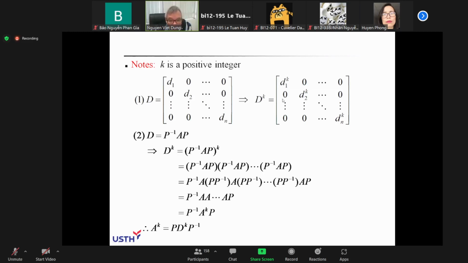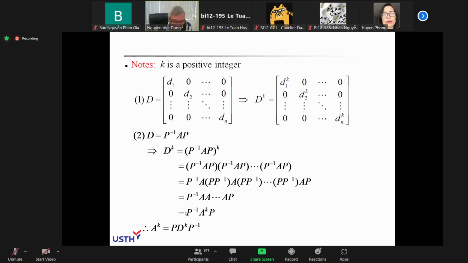Now we use that. We know how to find D to the power K. On the right hand side, if you take that to the power K, after some calculation you get P inverse multiplied by A to the power K multiplied by P.